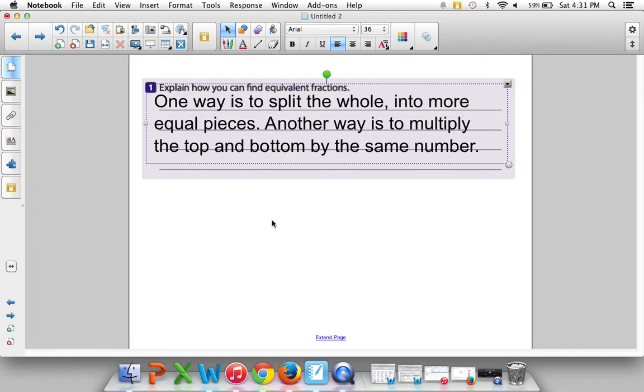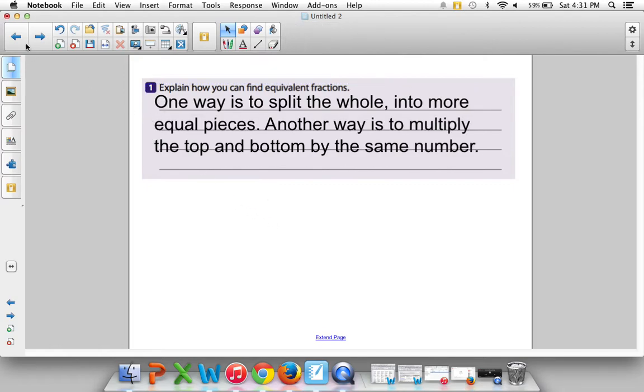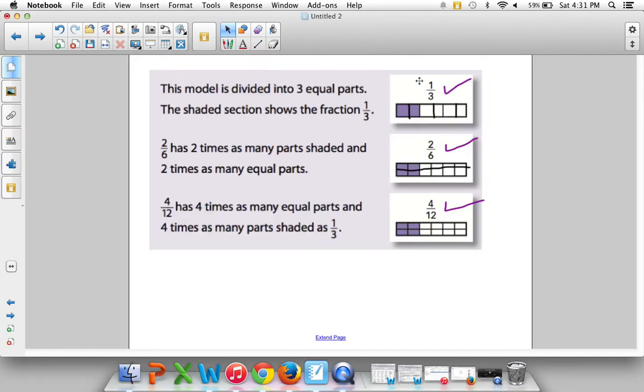Now, what are you talking about with that, Mr. Graham? Well, check it out. 1/3 can transform into 2/6. It really can. You've got 1/3, you've got 2/6, and I'm telling you these are equal. And how can you make 1/3 transform into 2/6? Well, look at the bottom and look at the top.